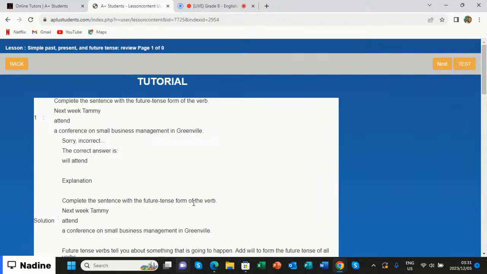So now we're going to look at a little activity, where we're going to complete the sentence with the future tense form of the verb. Next week, Tammy attend a conference on small business management in Greenville. If we look at the word attend, then we're going to add will in front of that word.